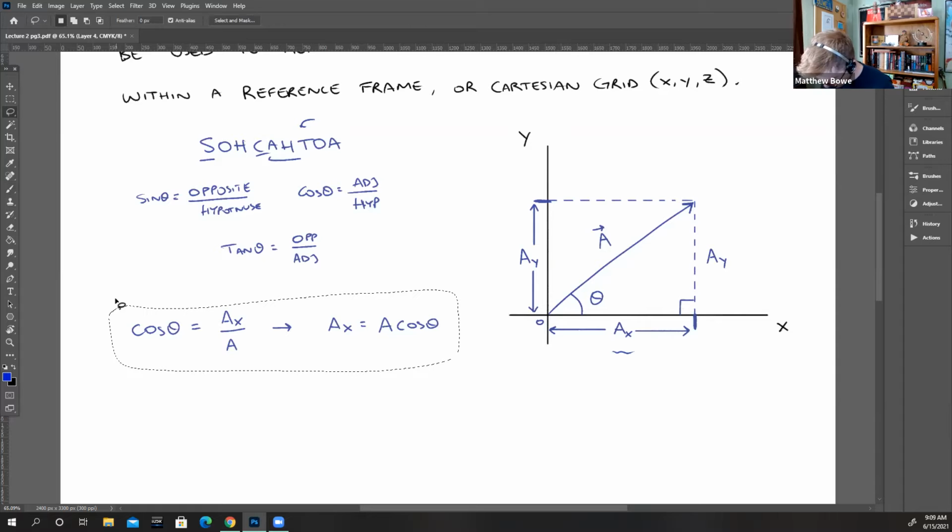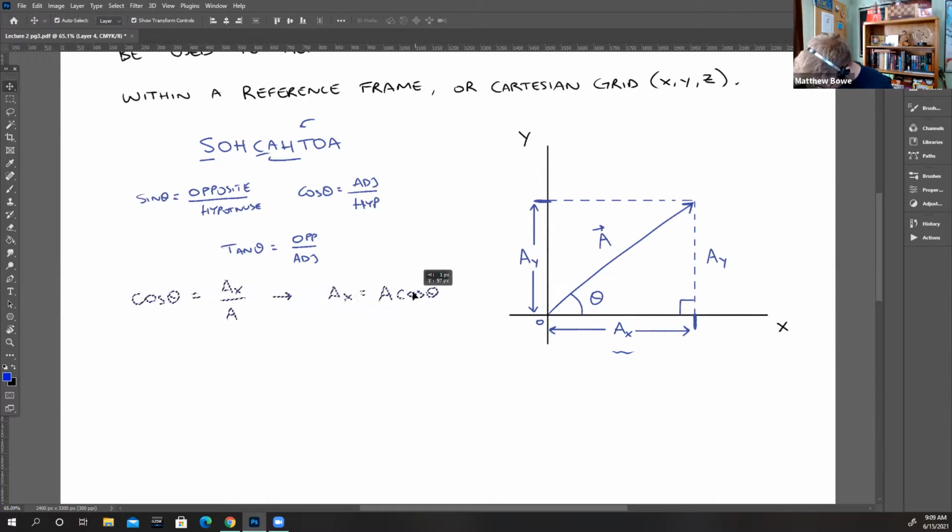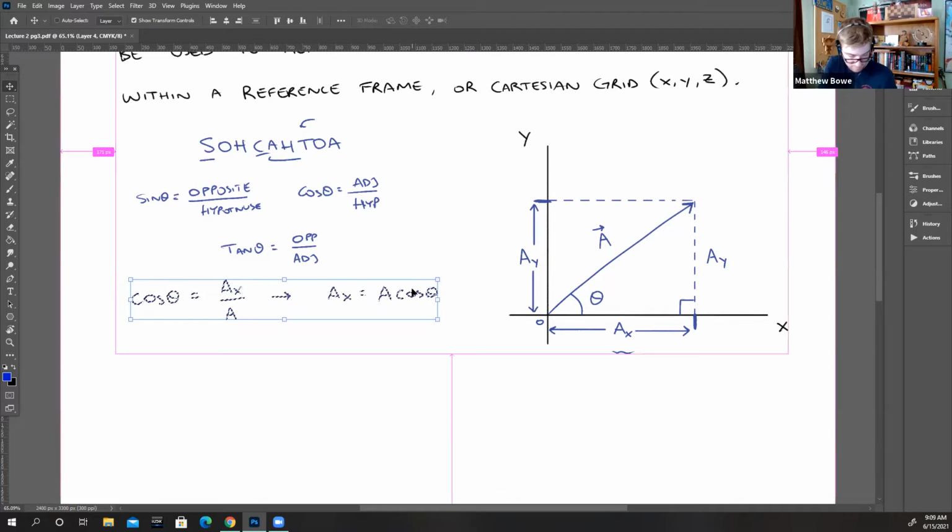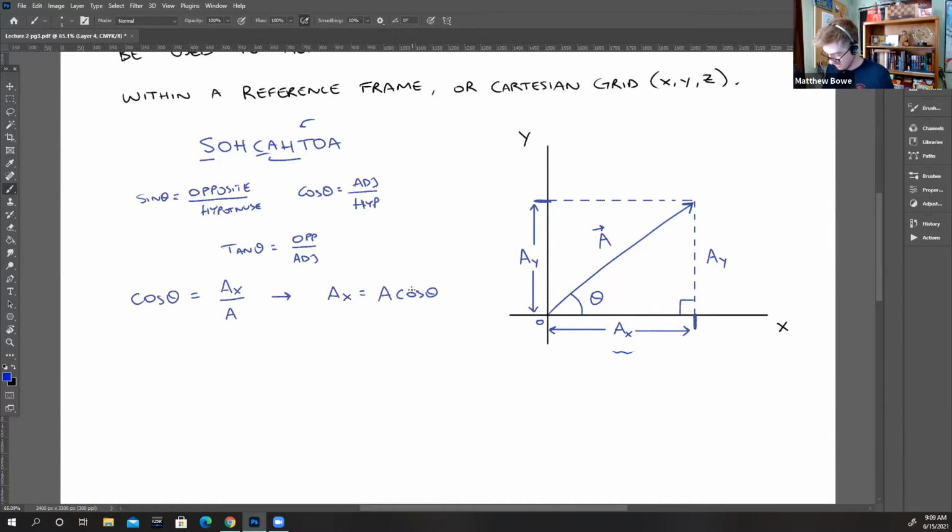Okay, let me move that up. Run out of room. Next up, with this orientation, I could say maybe to find the a sub y, using the same logic, use sine of the angle is a sub y, that's opposite over hypotenuse.